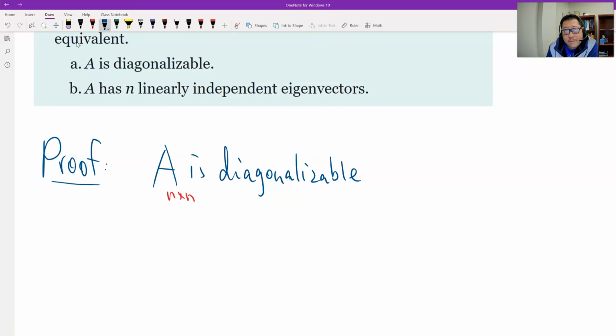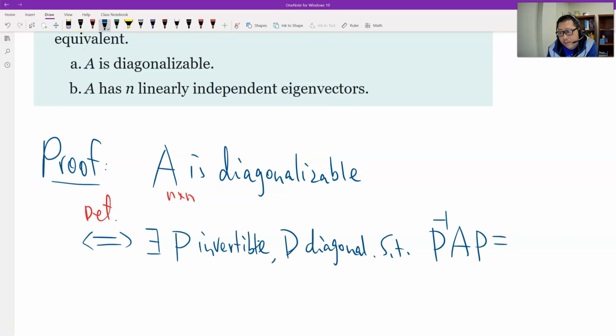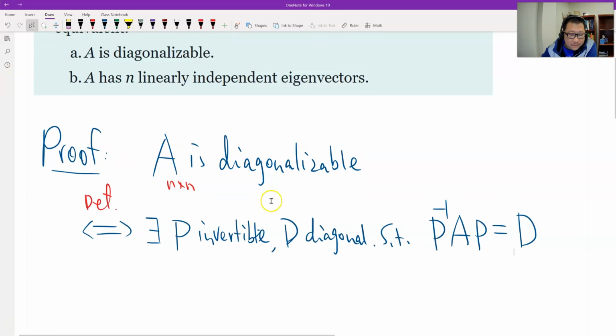So first, by the definition, we can find that there exists an invertible matrix P and a diagonal matrix D. Remember that by the definition, the inverse of P times A times P equals the diagonal matrix, right? Therefore, it exists. Okay, so that's the definition.